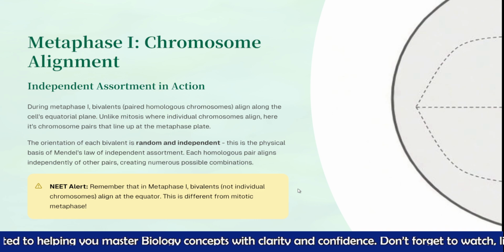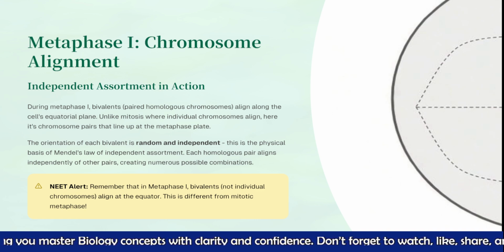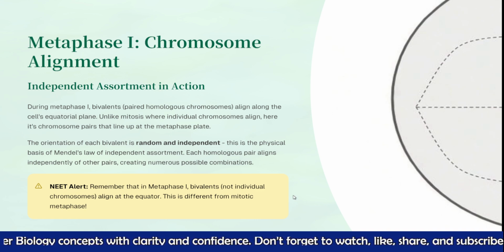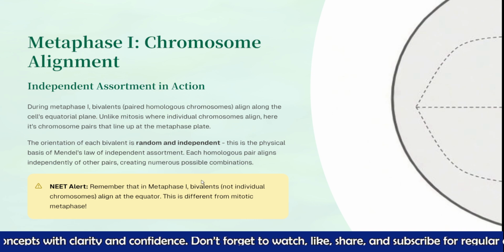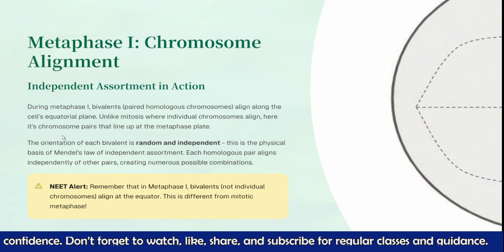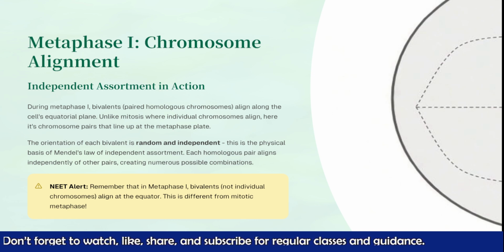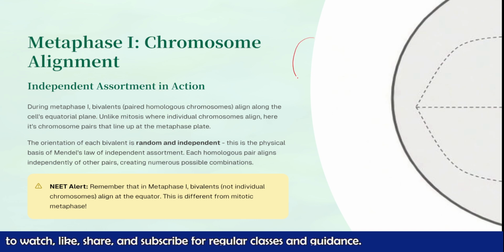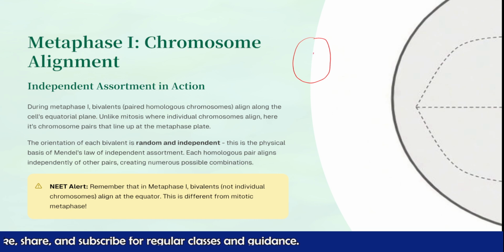The prophase is over, moving on to the next phase, that is metaphase 1. In metaphase 1, we can see the chromosomes are aligned in the equatorial plane, the same way as the previous one.